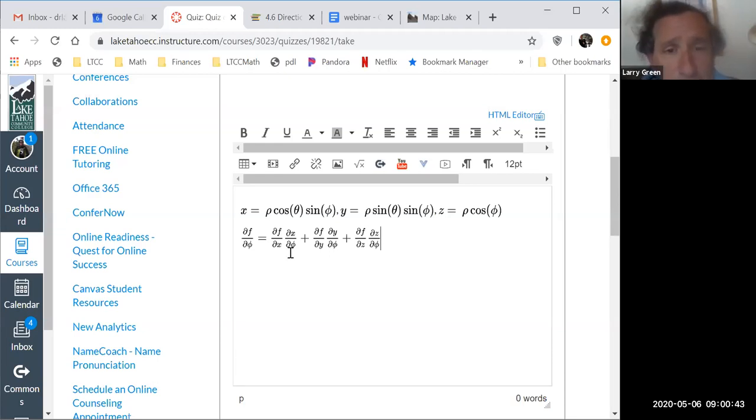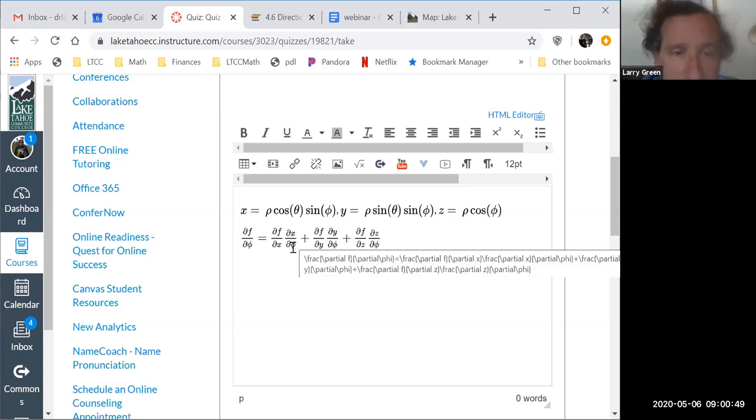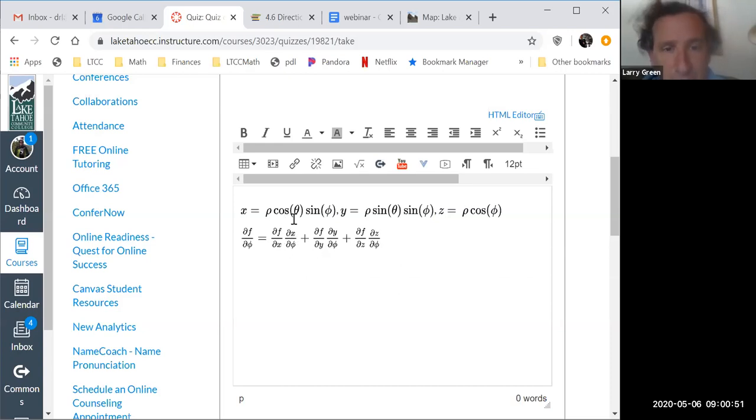Okay, so now we just plug in. F is a general function, so we can't do anything with del f del x. But del x del phi we can actually compute, and the same with del y del phi and del z del phi. Those can be computed without too much of a problem. So I'm going to copy and paste this and pop those in.